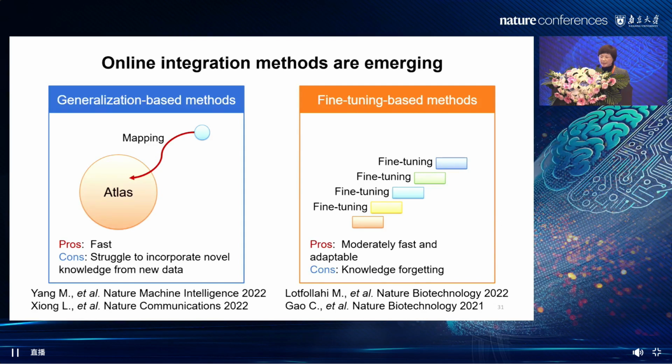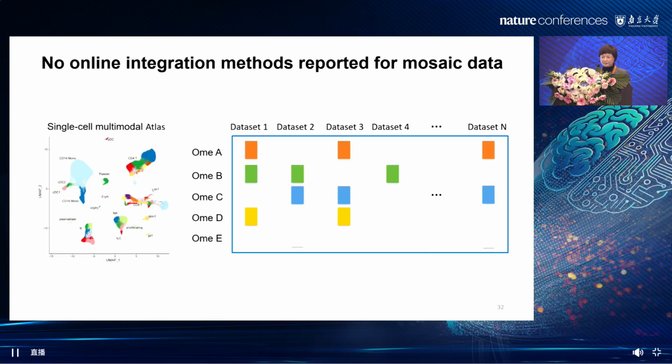Generalization-based methods quickly map new data onto a pre-built reference atlas. They are fast but struggle to incorporate novel knowledge from new data. Fine-tune-based methods are moderately fast and adaptable, but they struggle with knowledge forgetting. Furthermore, no online integration method has been reported for mosaic data integration.